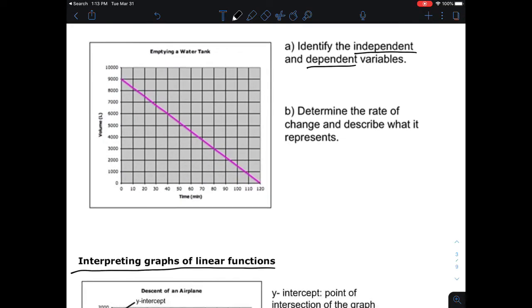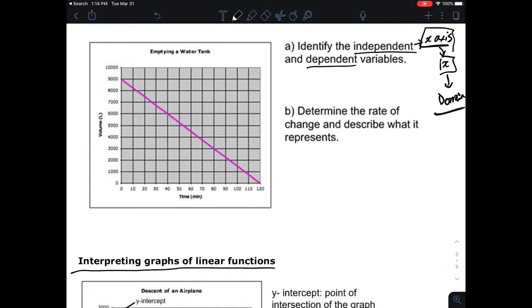So remember, we want to associate the independent variable with the x-axis, right? So independent variable means the x-axis, I want to associate that with x, the values of x, which is the domain. Okay, so I want to kind of relate all those things in my head.